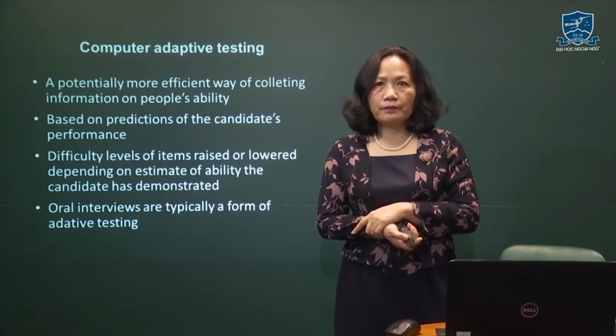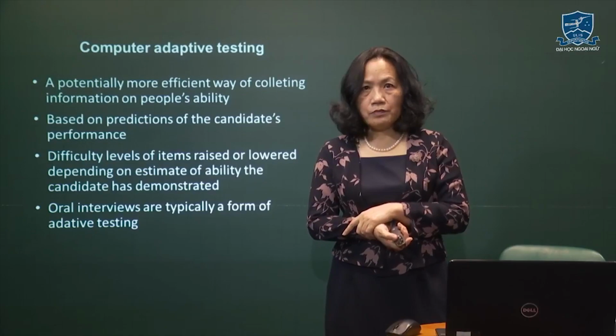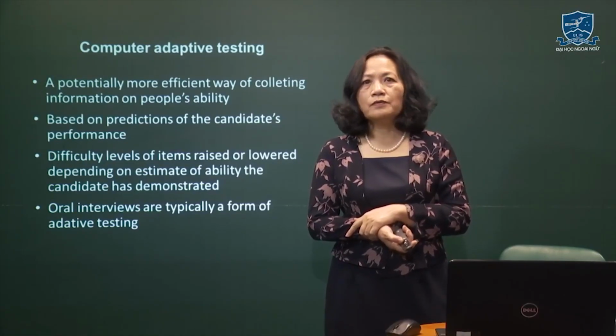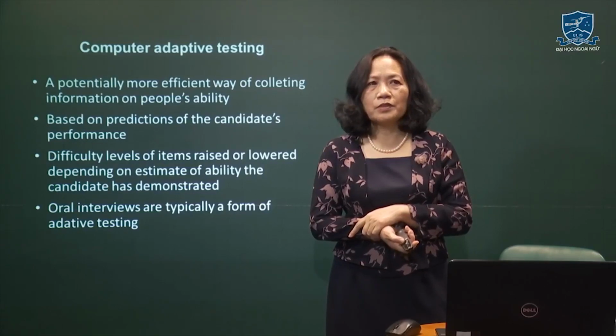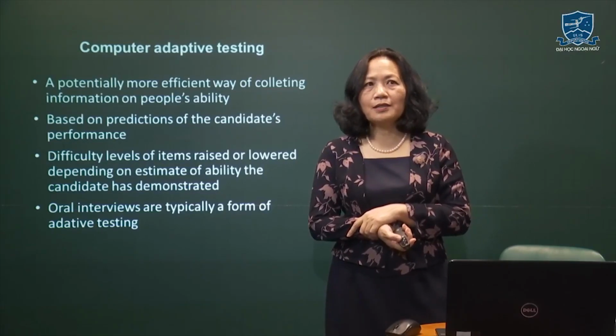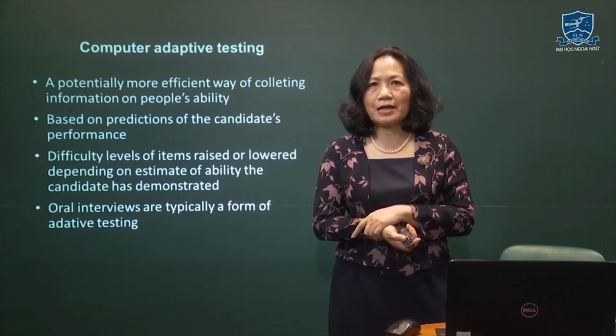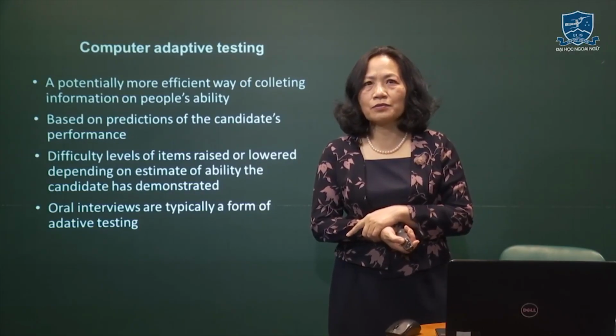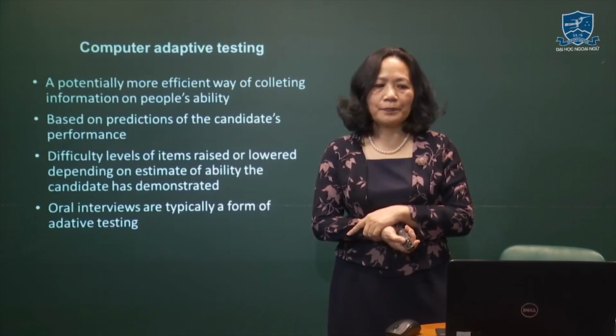So, if a student with a low level of ability has to take a full test with difficult questions, then it will waste his time, and it also wastes the scorer's time to score all the tests.